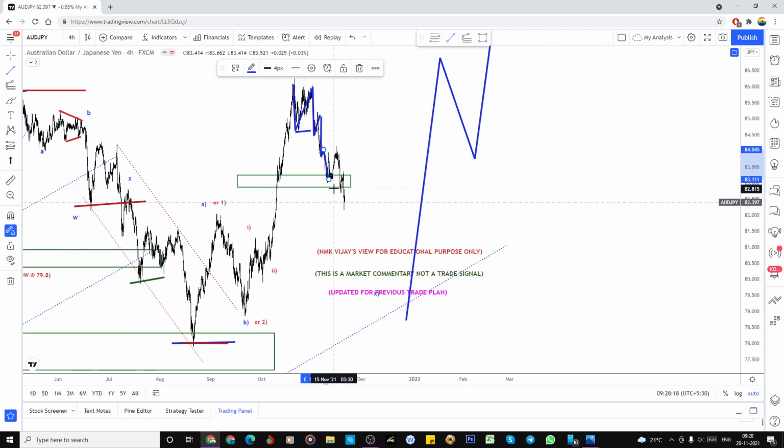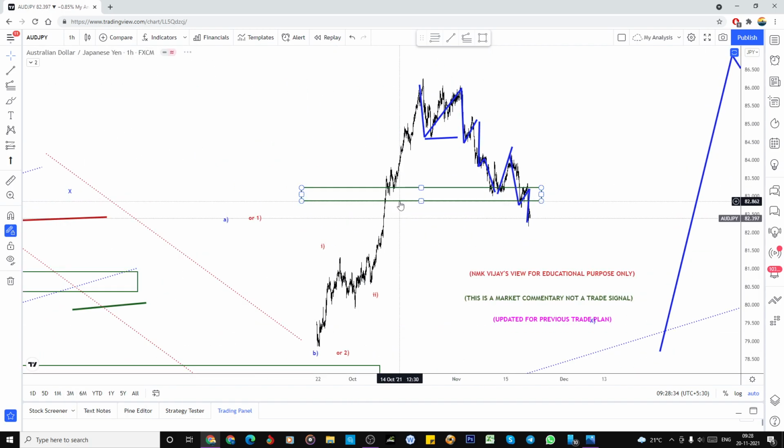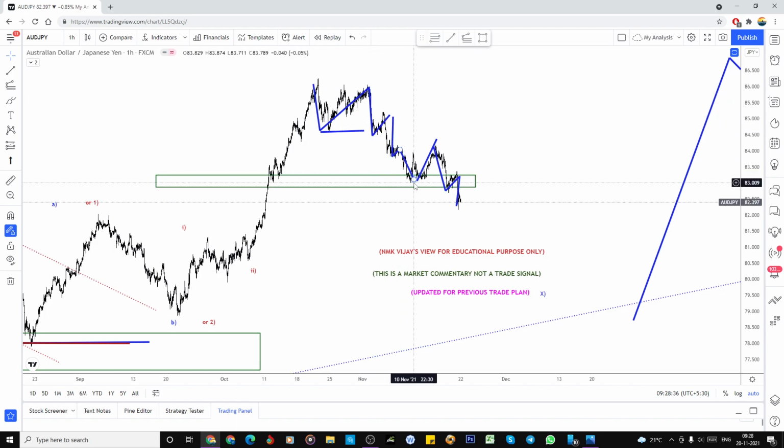It's looking like, if it is a B, C flat correction, it would have to do like this, but not this one. So it is doing an impulsive wave in a 5-wave structure. It seems like that. So 1, 2, 3, 4, 5 has completed. After this also, 1, 2, 3, 4, 5 means it has to be here, and again it has to bounce in such a kind.